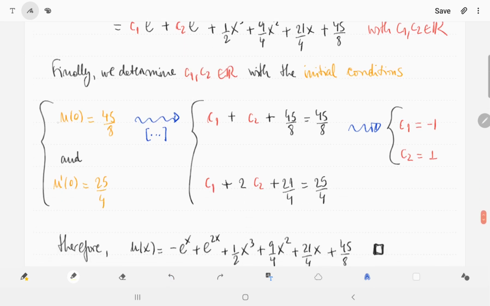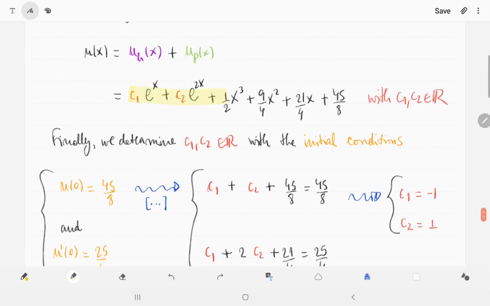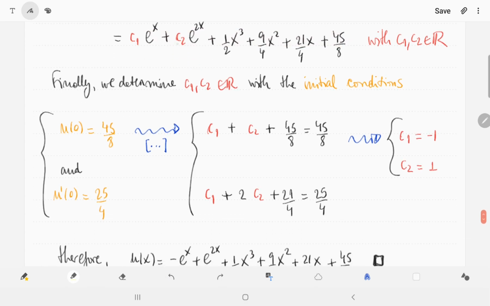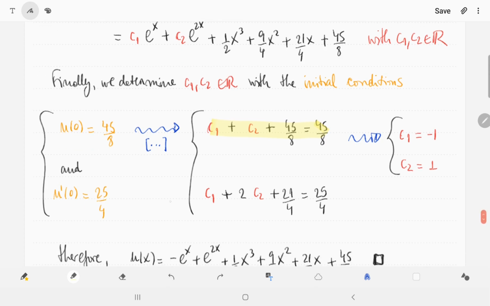For the first initial condition, we use our expression of u here. Making the calculations, we get this equation. For the other initial condition, first make sure you compute the derivative of this function, and then you evaluate at 0, and then you have this equation.